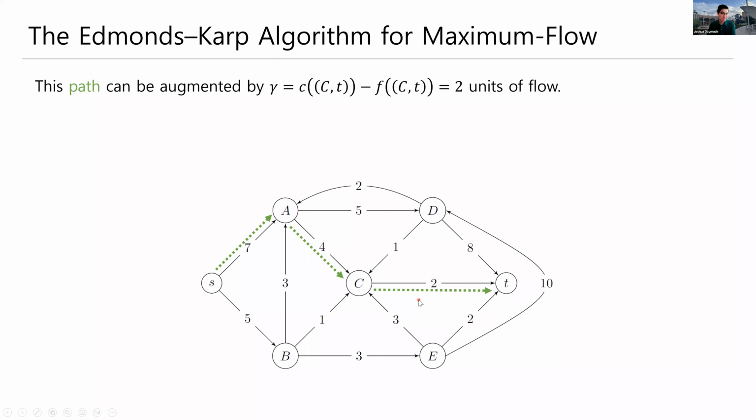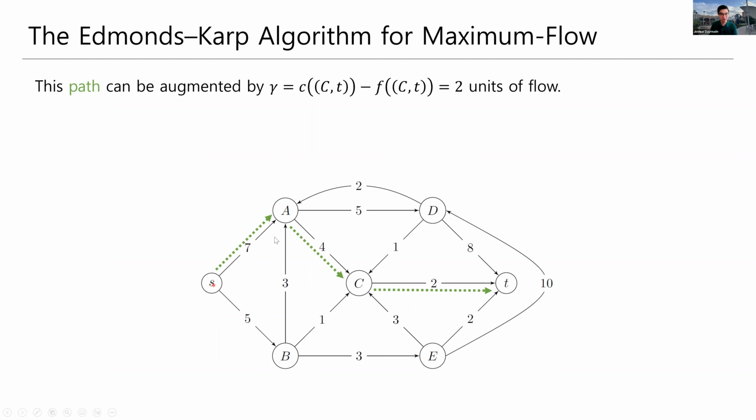But I want to give you a conceptual understanding. The idea is we want to push as much flow as possible on this f augmenting path that we found, but we have to do it while respecting both non-negativity and edge capacities. Clearly, if we tried to push 7 flow on this path, we'd be in trouble, right?